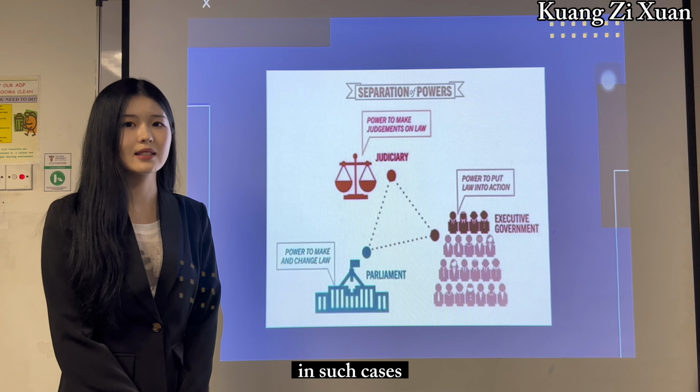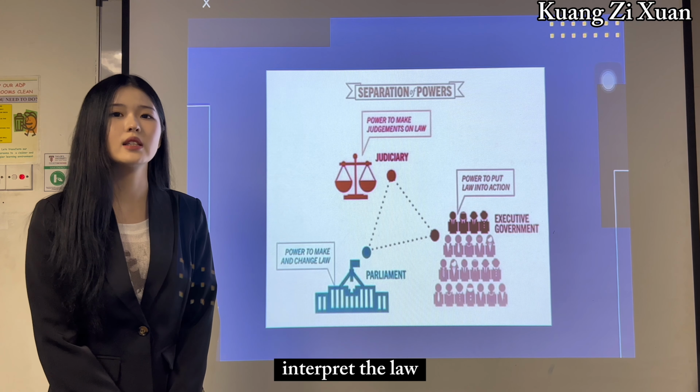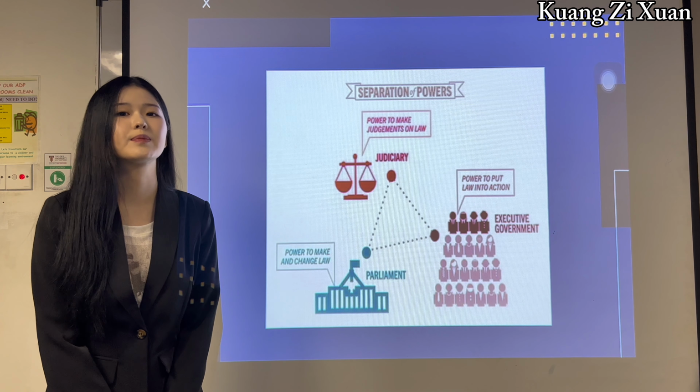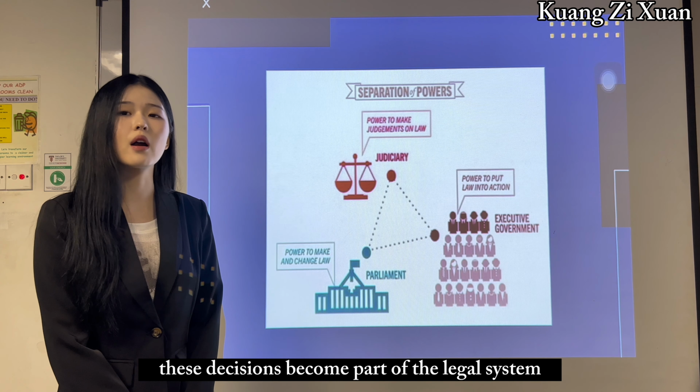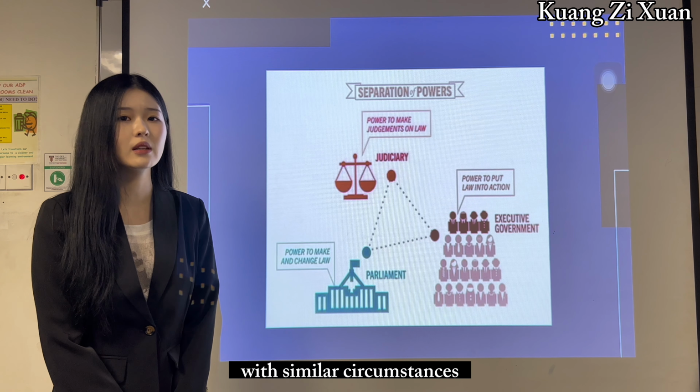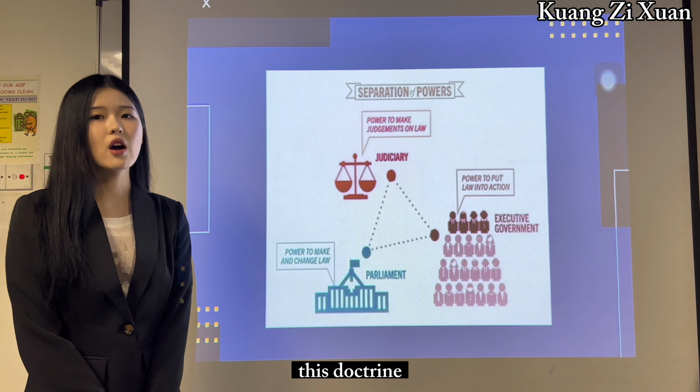In such cases, judges analyze the facts, interpret the law, and make decisions that establish new precedents. These decisions become part of the legal system and serve as precedents for future cases with similar circumstances. This doctrine, known as stare decisis, ensures consistency and predictability in the application of the law.